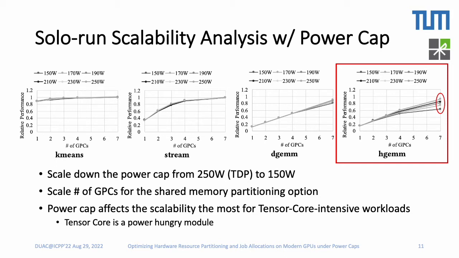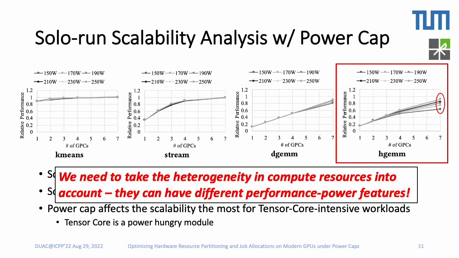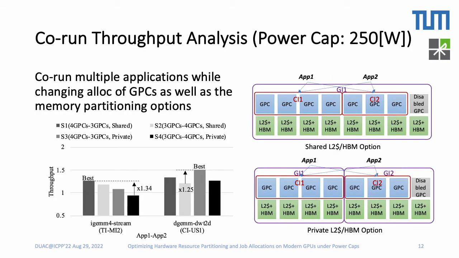The rightmost one actually utilizes tensor cores, and tensor core is a kind of power hungry module and is affected the most by the power capping setup. So we need to take the heterogeneity in compute resources into account, and we also test the co-scheduling throughput analysis for different memory sharing options and GPC resource allocation options as well.